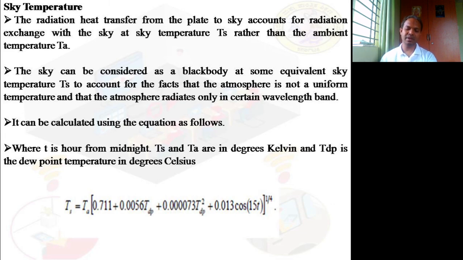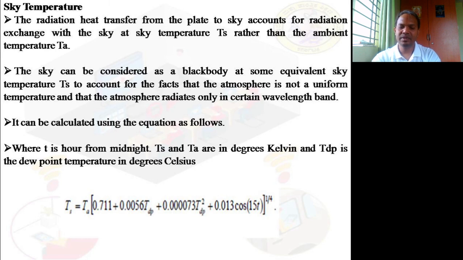If you take a thermometer or any instrument used to measure it, the air will condense as it is cooled before freezing. That temperature we call the dew point temperature. That will be in degrees Celsius, whereas Ts and Ta are measured in kelvins.